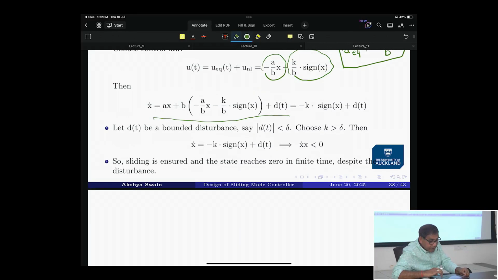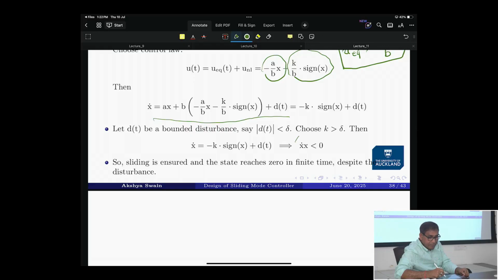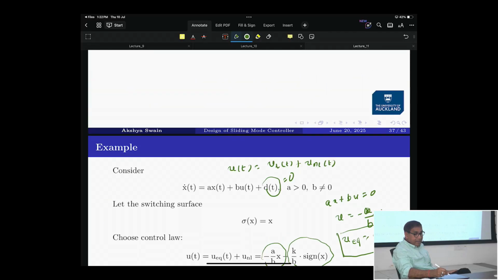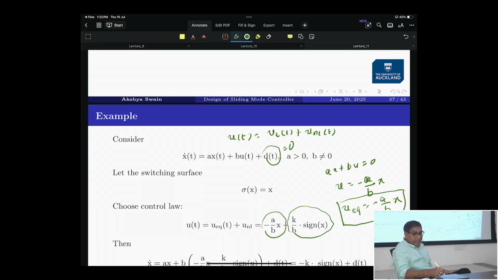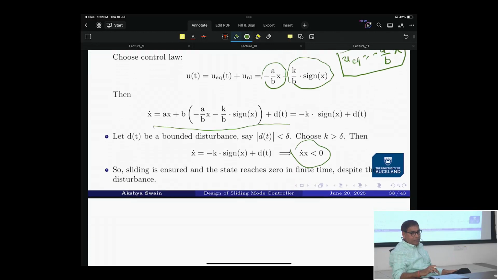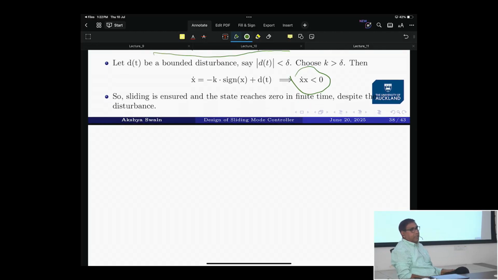One minute. Sigma x is equal to x. So sigma dot, x dot is less than 0. If only that condition is satisfied, it will not happen otherwise. Any other questions?